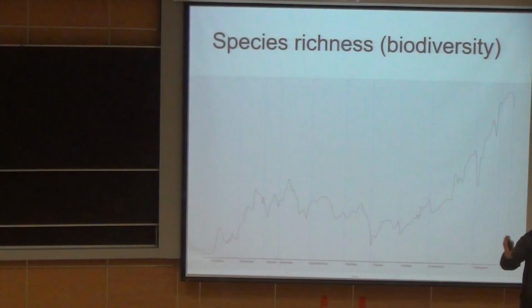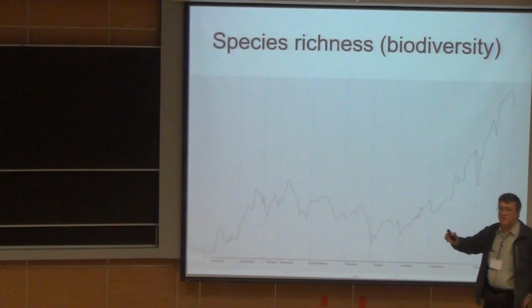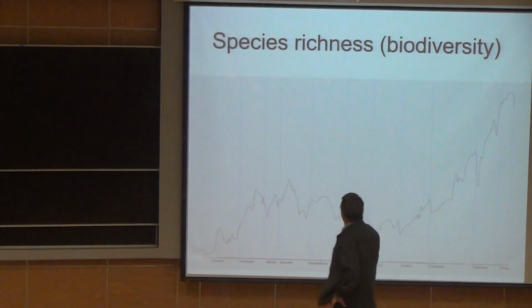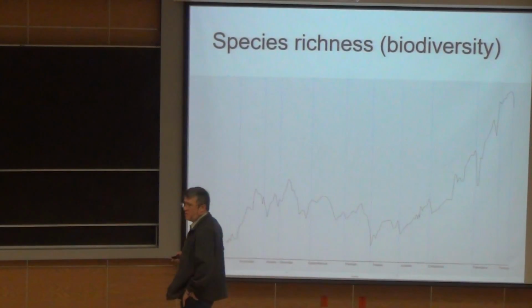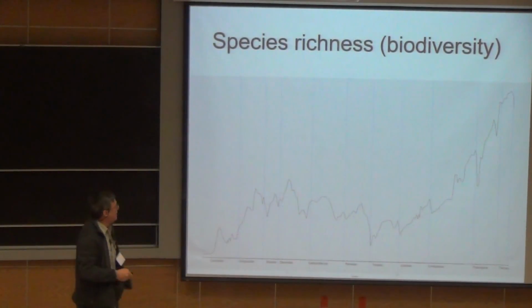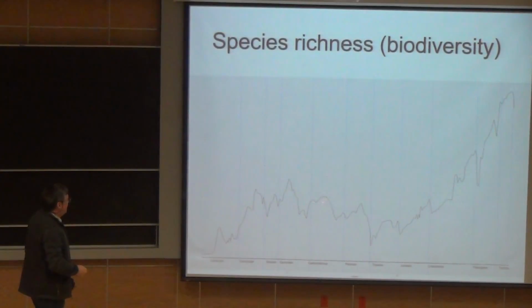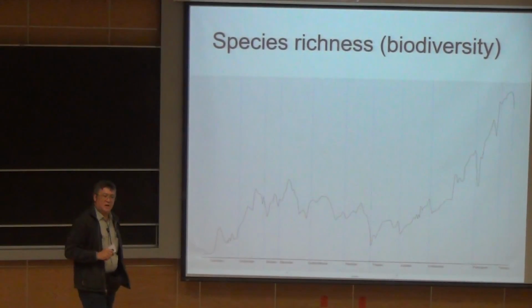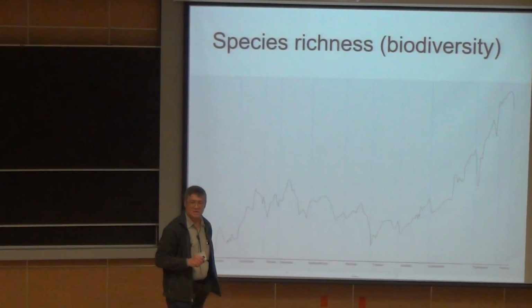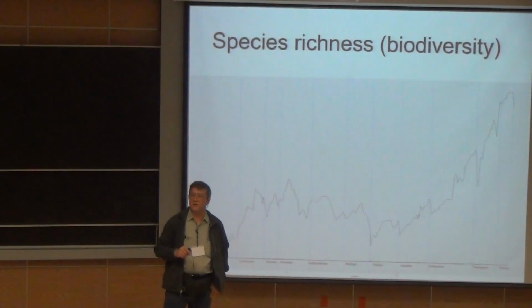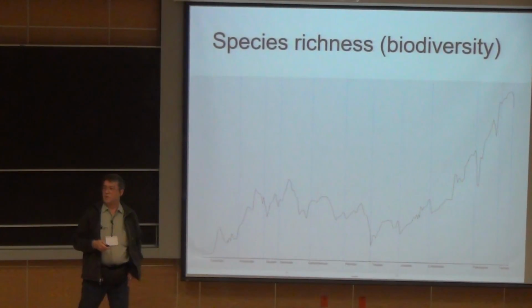I count, I move time, and I count how many of those blue lines are present at any one time. That is what's called species richness or biodiversity. And this is what an actual plot of that data looks like. And this is where people look at big dips like this one here or this one here and speak of the notion of massive extinctions because richness suddenly went down.